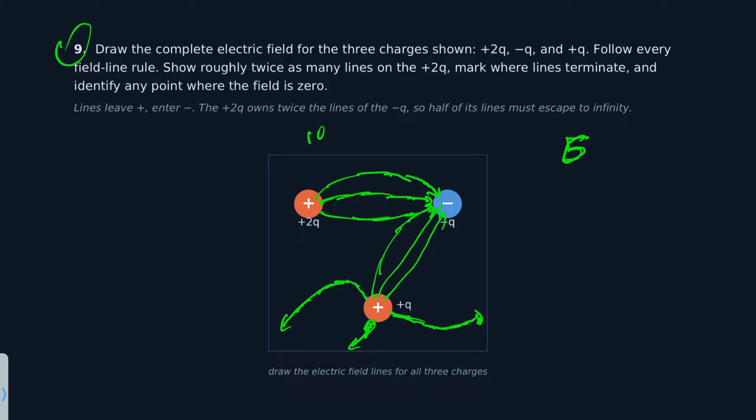All right, and then here, same story, but you have to draw twice as many lines. So I have 6 here, but now I'm going to draw 12. So we have 1 going that way. 1, 2, 3, 4, 5, 6. 1, 2, 3.